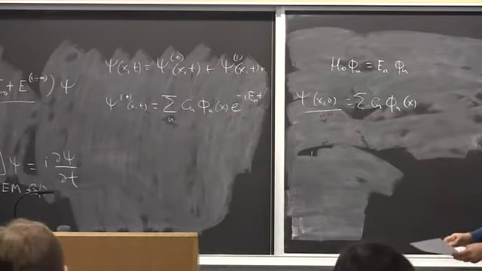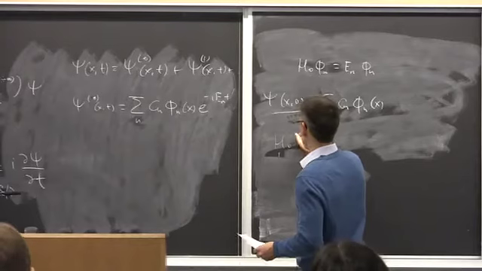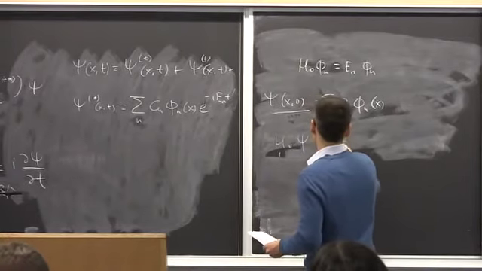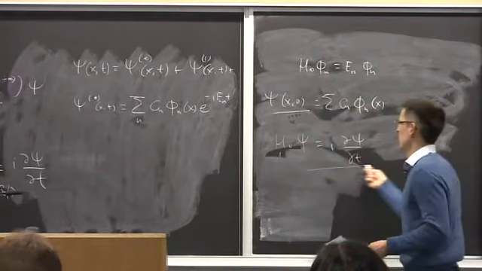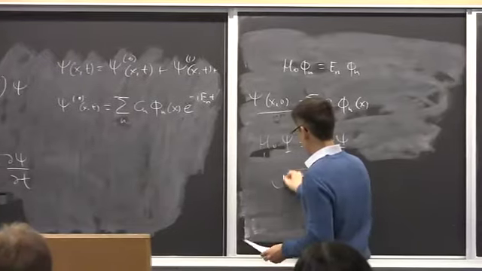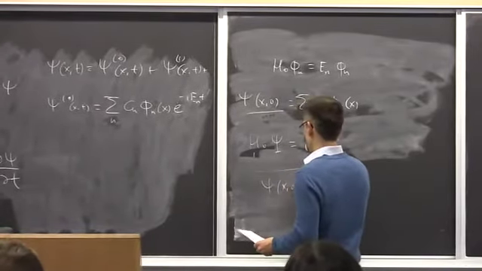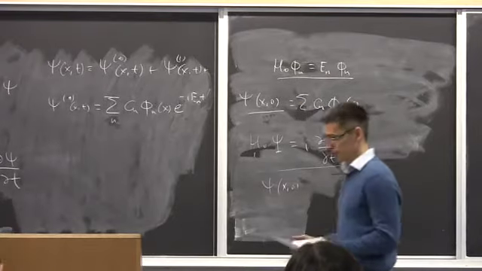Okay, so for zeroth order, it's very simple. We are solving really H0 psi equals i d psi dt, right? And the easiest way to solve this problem is to represent the initial psi as a linear combination of eigenstates of H0.